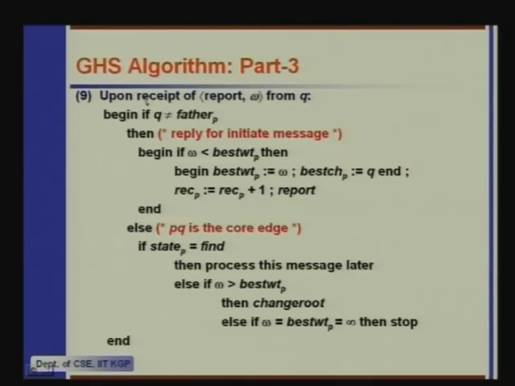Now, let us see what we do when a node receives the report message. It checks if Q is not equal to father P. If Q is not equal to father P, then it is receiving it from a child.